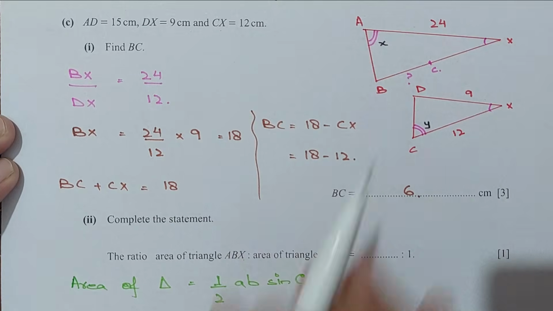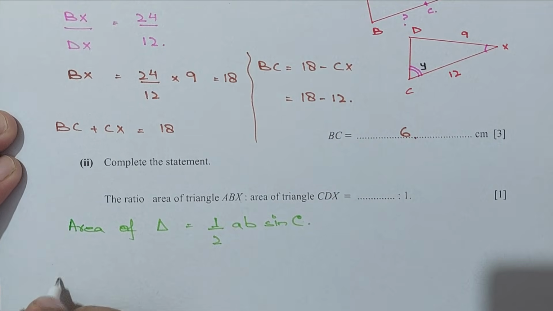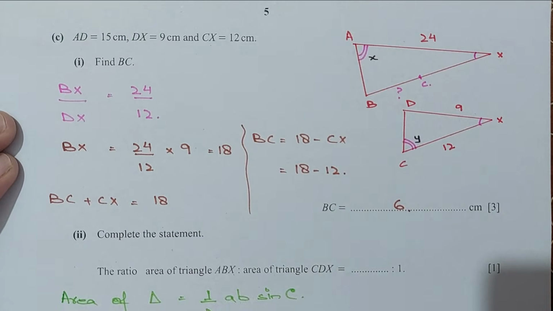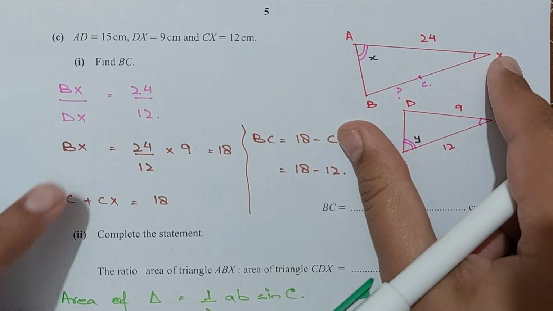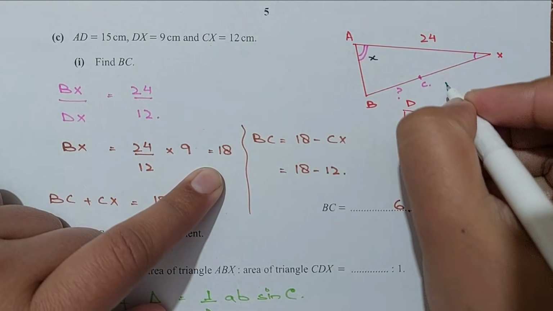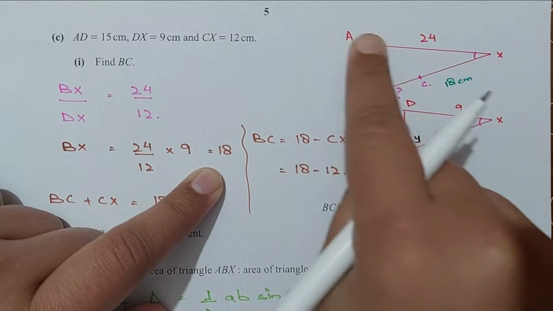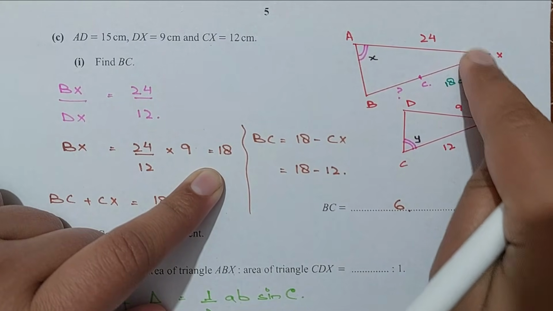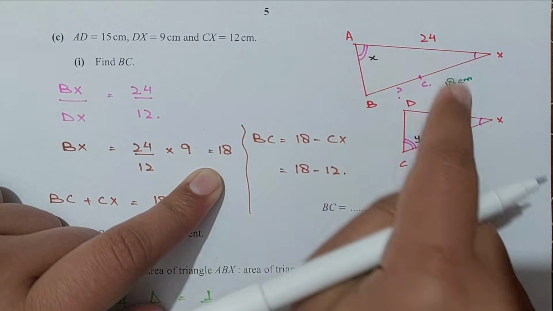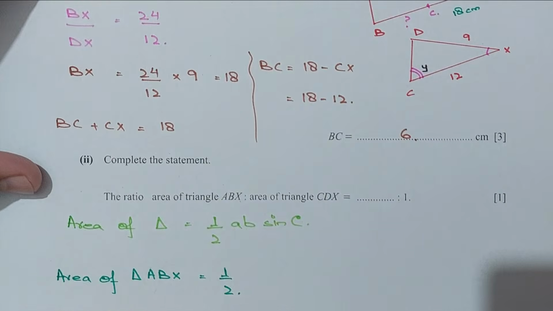So for this triangle ABX, first area of triangle ABX, this is half. Okay, so we have done with BX, B to X is 18. We have AX, we have BX, and the angle X. Okay, the two sides and the angle between them.